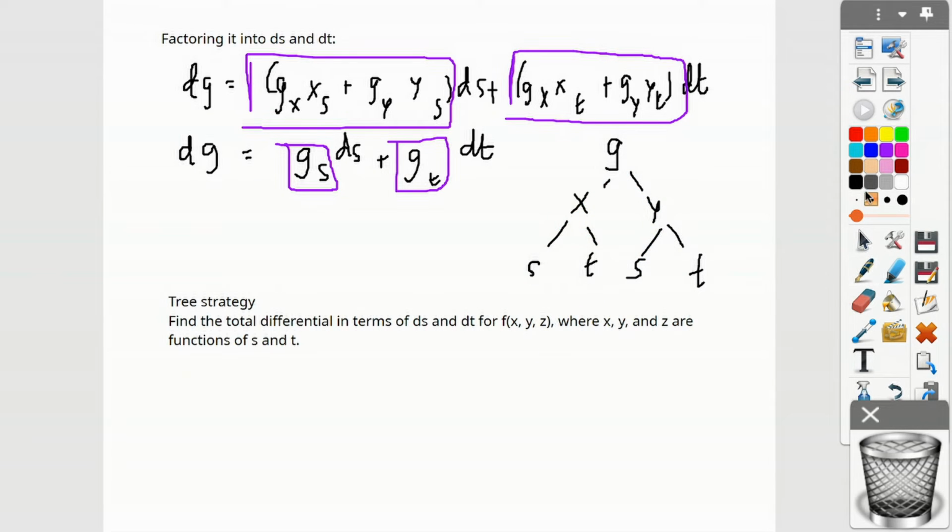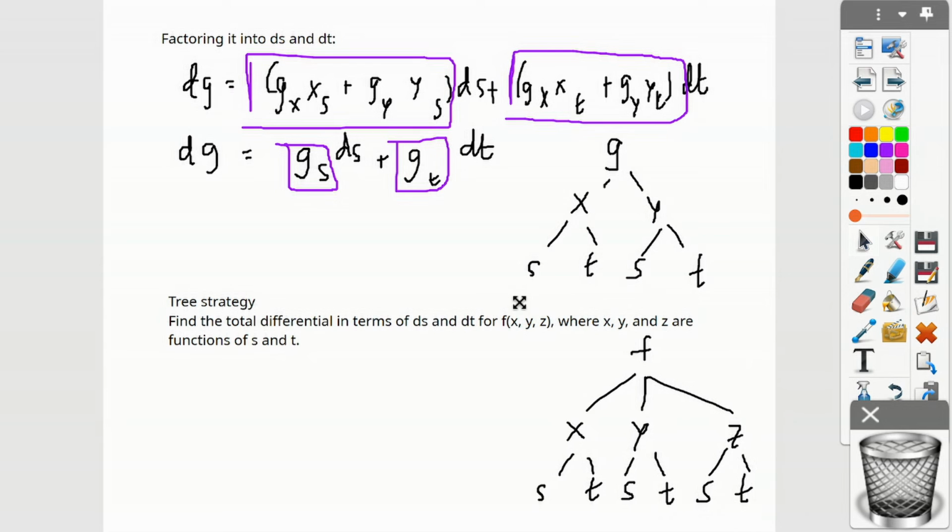Find a total differential in terms of s and t for f of x, y, and z, where x, y, and z are functions of s and t. So we do the same. F, three variables x, y, z, then s, t, s, t, s, t.